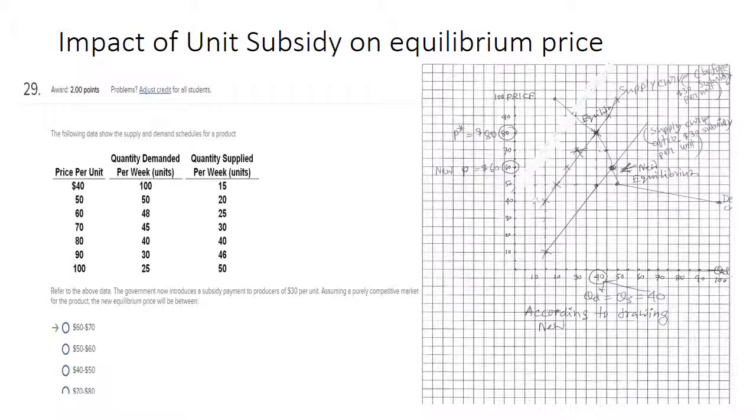For example, when on the original supply curve this data point was at 80, the supply curve shifted downward. So here you can see that it is 30.